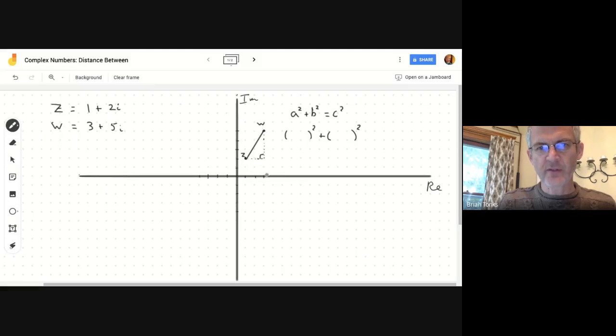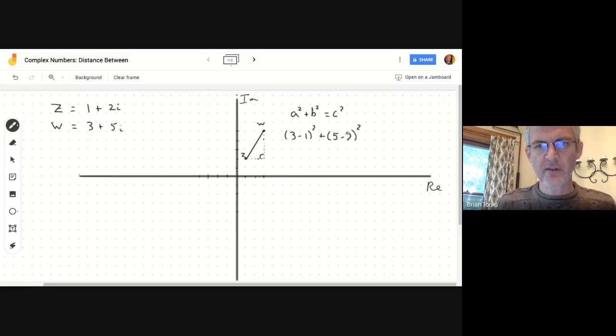The real component of w was 3, and the real component of z was 1. So we'll have 3 minus 1 for a. And then for b, we have the imaginary component of w minus the imaginary component of z, which would be 5 minus 2.